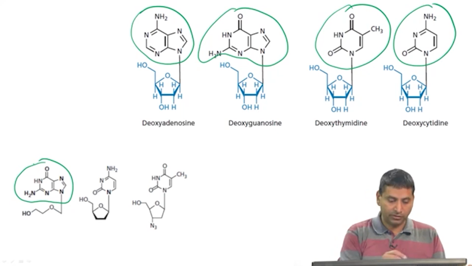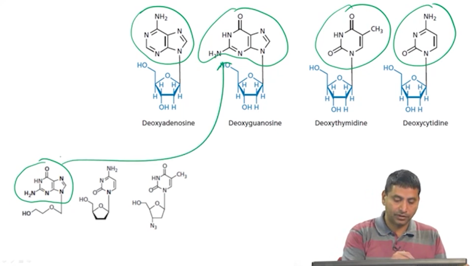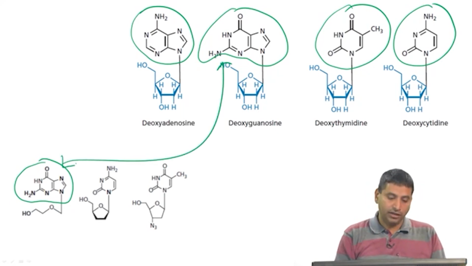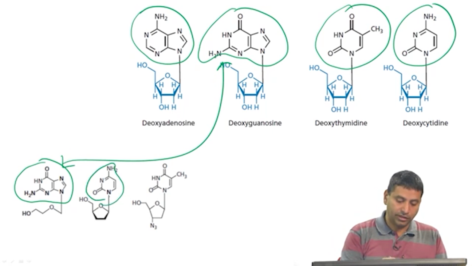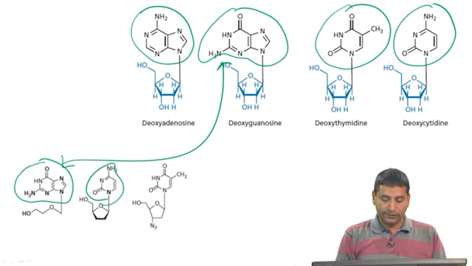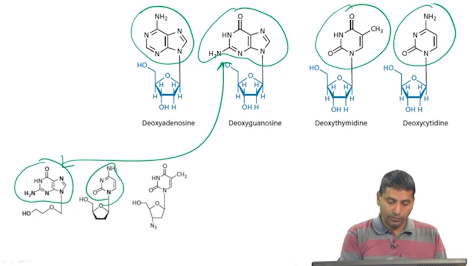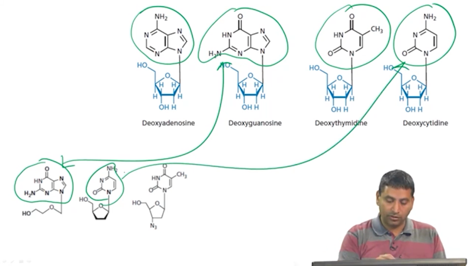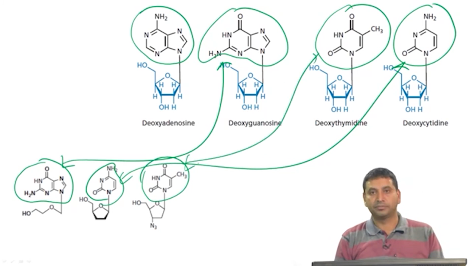So, this mimics guanine as shown here, and this compound here is a cytidine like molecule. Here is how we would match this, and the last compound is mimicking thymine.